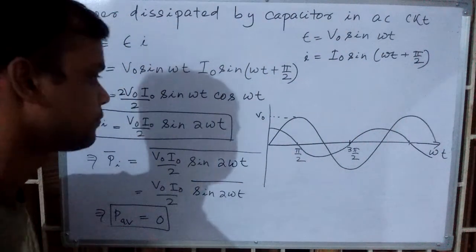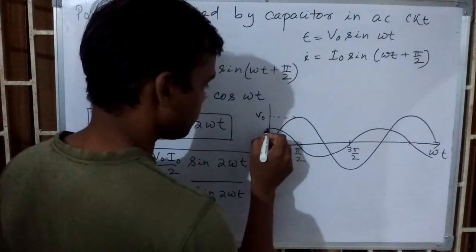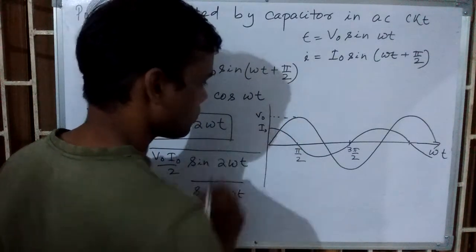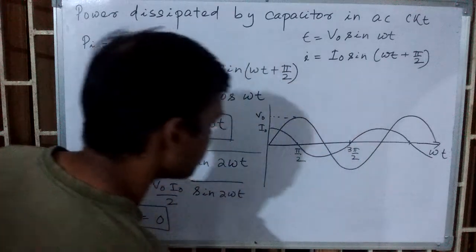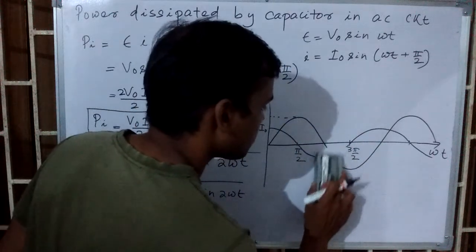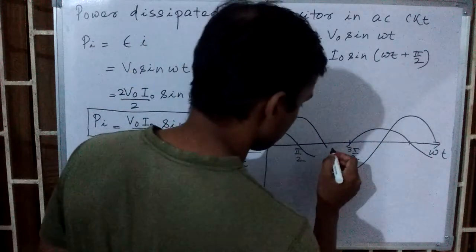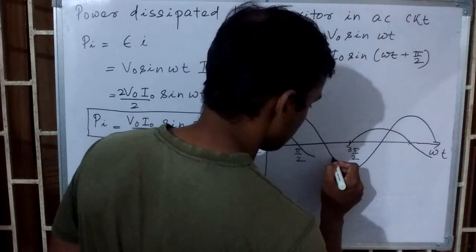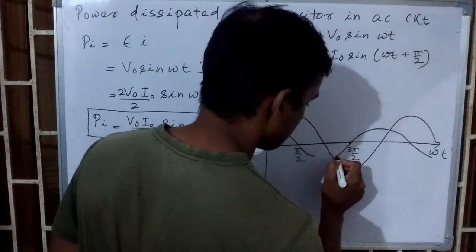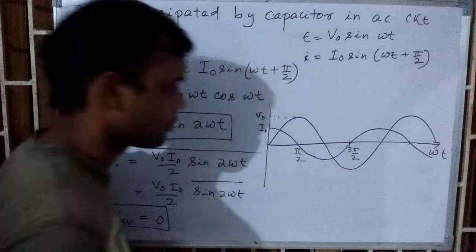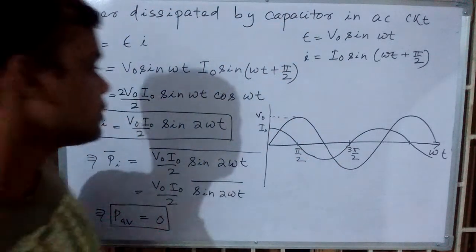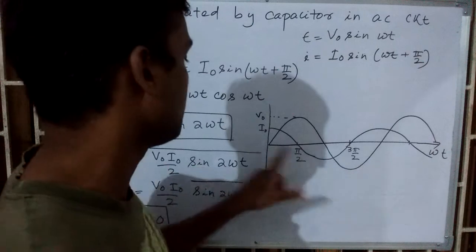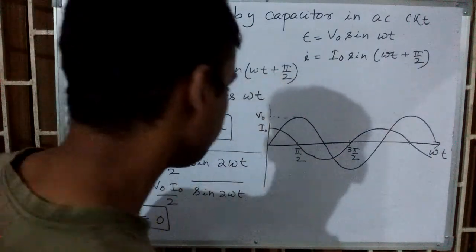Its amplitude is I naught. Now it looks better. So this is the voltage waveform and this is the current waveform.